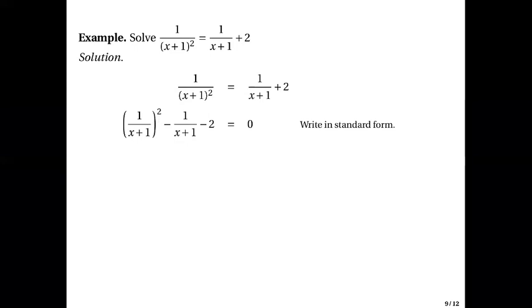So you can let u be equal to 1 over x plus 1. So this equation becomes u squared minus u minus 2 equals 0. And then you can factor. Try to factor this into (u minus 2) times (u plus 1) equals 0.